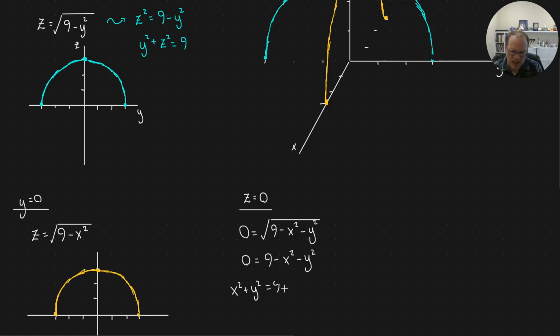Notice a lot of times with these level curves or vertical traces, or any kind of trace really, it sometimes takes a little bit of work to put it into a form that we recognize and are able to graph. So in this case, I had to square, and I had to move the x squared and the y squared over. Now I have x squared plus y squared equals 9. That's a circle of radius 3 centered at the origin.